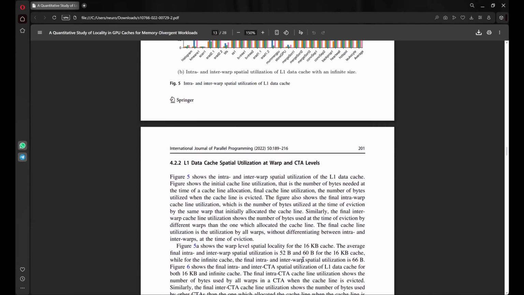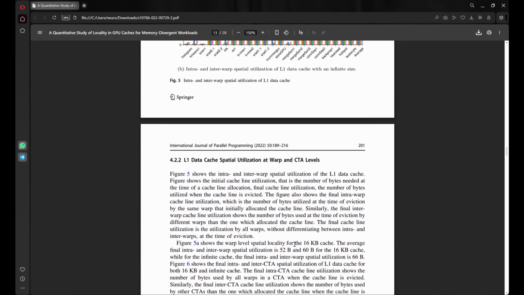And what they see is that for intra-warp spatial utilization, or spatial utilization seen within threads from the exact same warp, it's about 52 bytes of the cache line being used by all of the threads that are in the same warp as the initial thread that brought in the cache line.